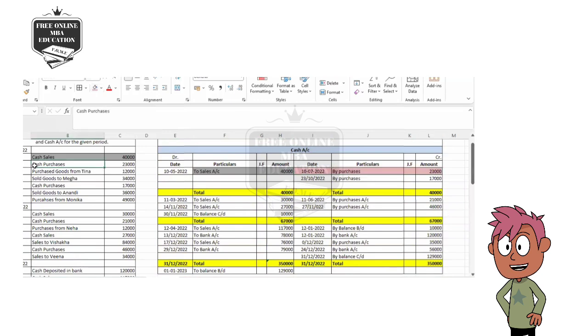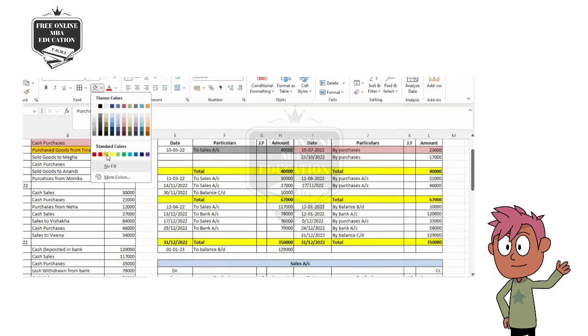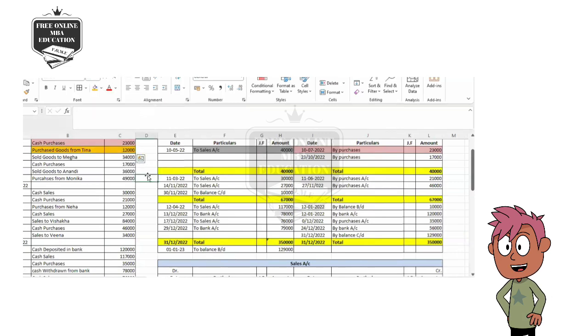Purchase goods from Tina, rupees 12,000. Now we have purchased goods. That means purchases account debit to Tina because Tina has given goods to us.